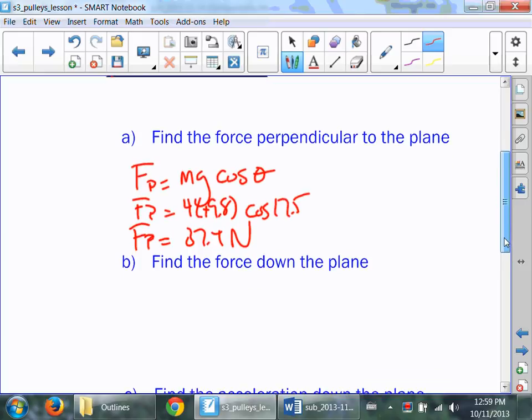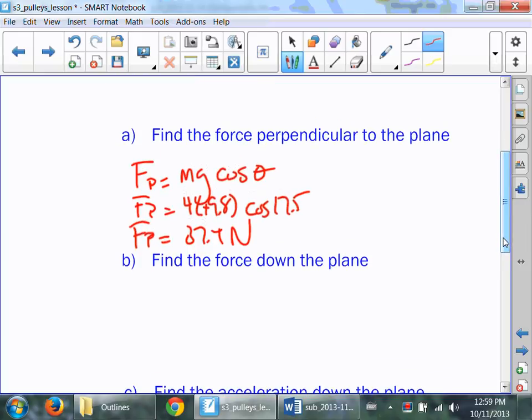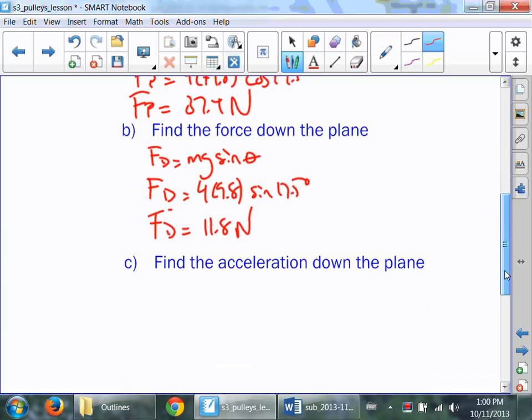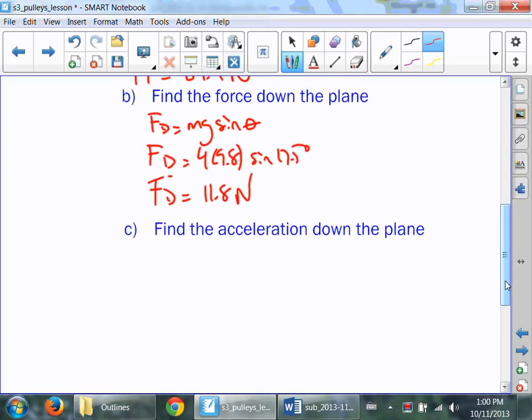How about the force down the plane? This is FD. That's mg sine theta. So FD is 4 times 9.8 times the sine of 17.5 degrees. FD is going to be 11.8 newtons. Now, what is the acceleration down the plane?